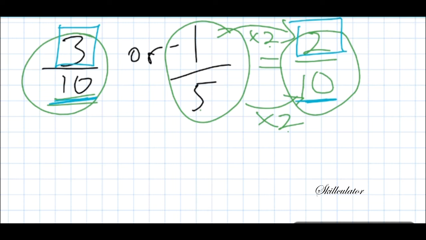We're now comparing this 3 to the 2, and of course 3 is bigger than 2. Therefore 3 over 10 is bigger than 2 over 10. So when you comparing 3 over 10 or 1 over 5, 3 over 10 is bigger. Right? So we found that the 3 over 10 is bigger than the 1 over 5.